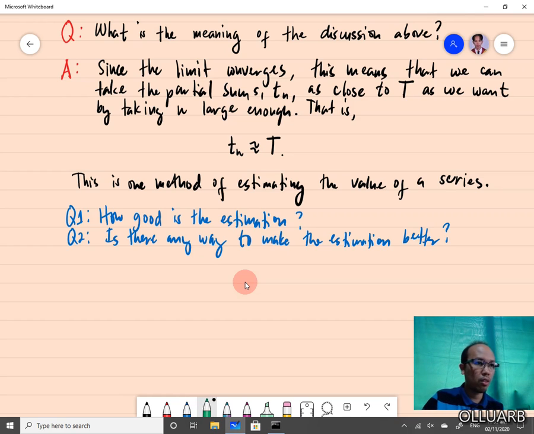To answer the first question, let's use another color here.